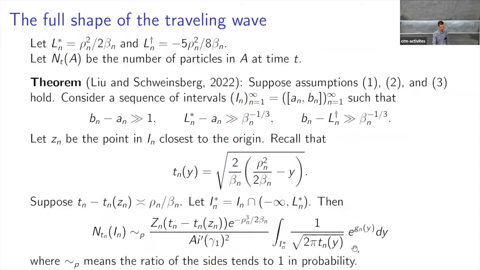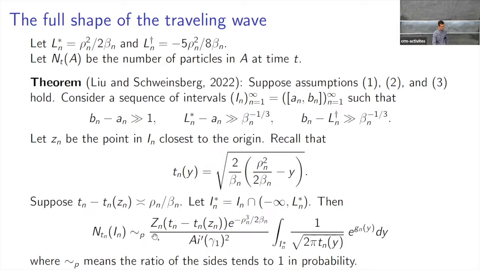And so that's telling us that e to the gn of y multiplied by this small correction of 1 over the square root of 2 pi times Tn of y is approximating the density of particles near y, just as the large deviations heuristics predicted that it would.